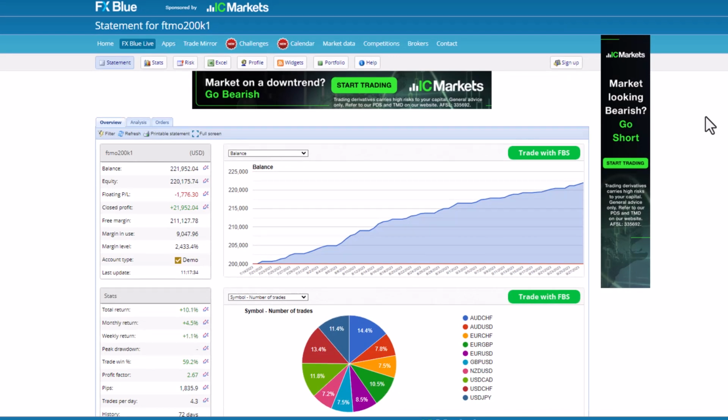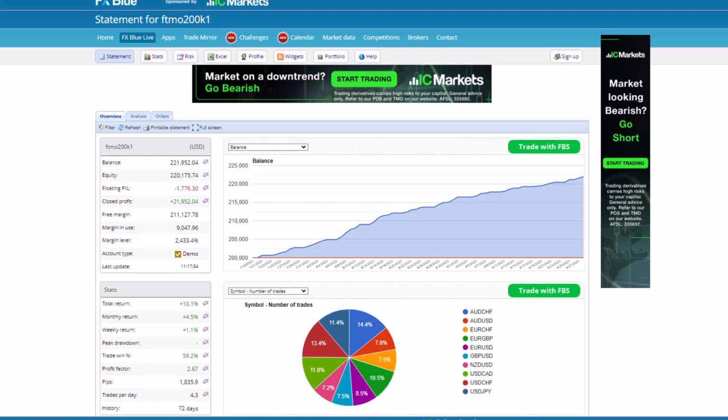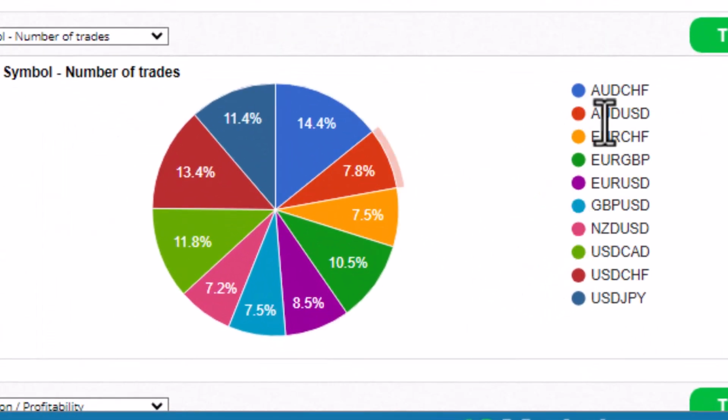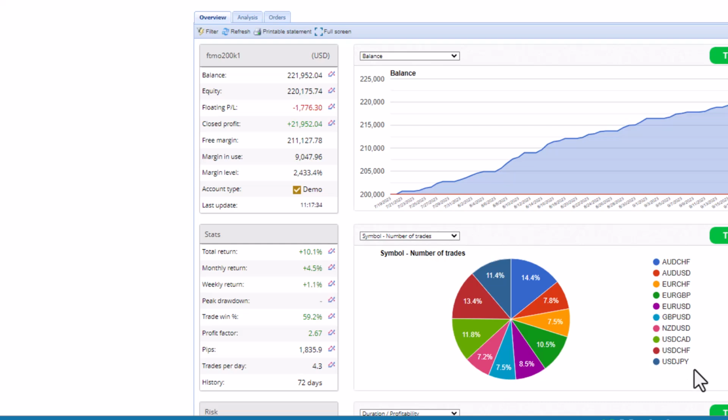And here we are back at the FXBlue account, the analysis of this particular account that we want to find the settings for. And let's start finding all that information that we need. Firstly, which currencies are traded. So here we've got a direct list of all the currencies that have been traded. You can see quite evenly traded. There are 10 currencies that have been traded.